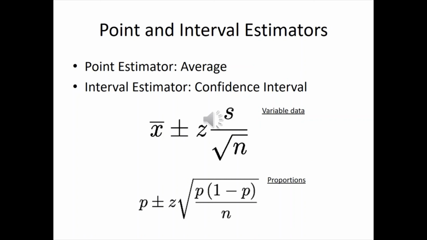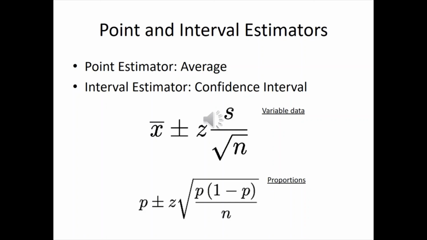So we get this thing: x bar, which is our average, plus or minus z, and watch the video on how to do a z-score, times the standard deviation divided by the square root of the sample size. And what that'll do is give me an interval, kind of a confidence interval. You've seen this in polling, 44% plus or minus 3.4%. That's what they're doing here. They're just taking variable data and doing a point estimate of what the average is.